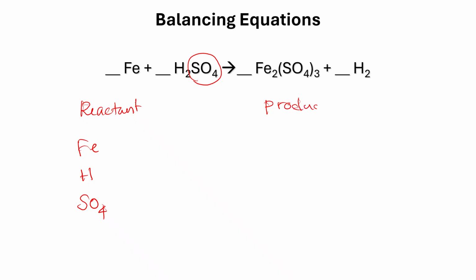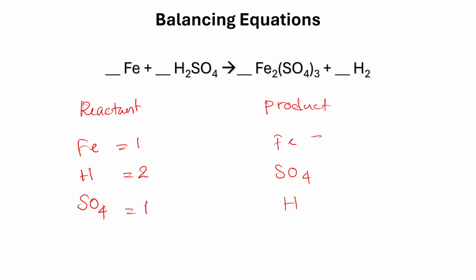So the products you have here are again iron, sulfate ion and hydrogen. There is one iron and two hydrogens on the reactant side before balancing, and there is one sulfate group.